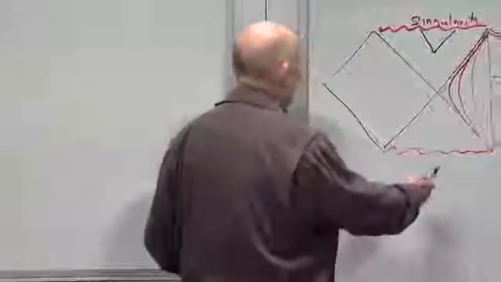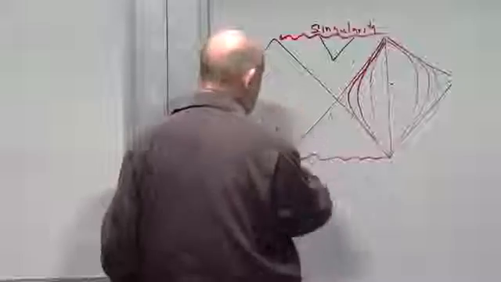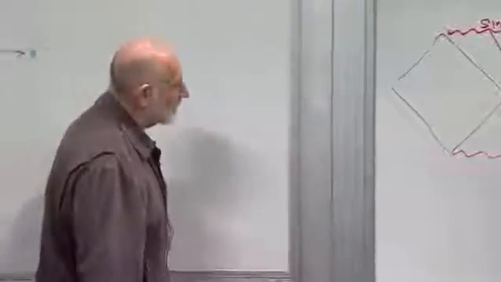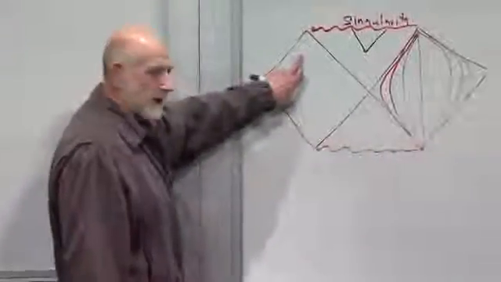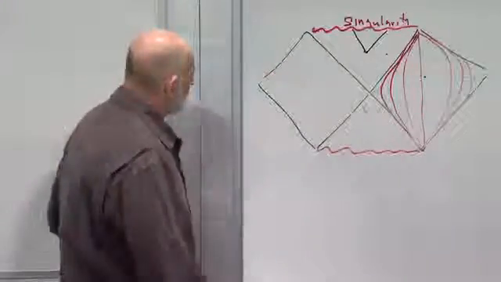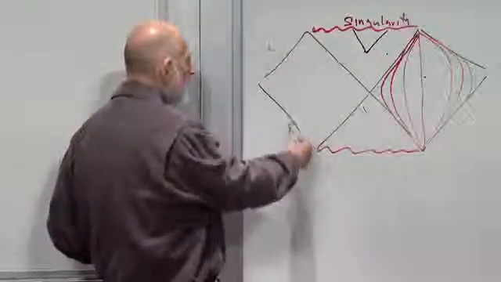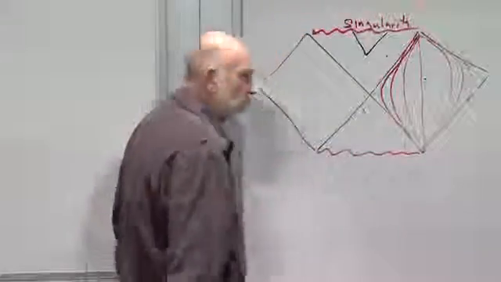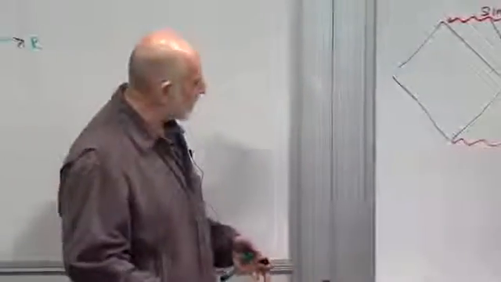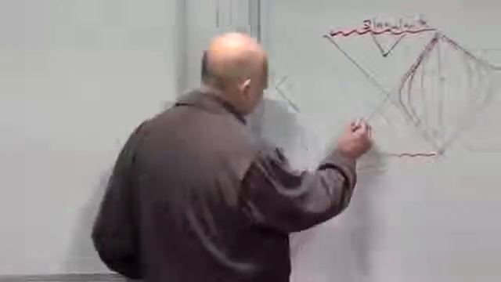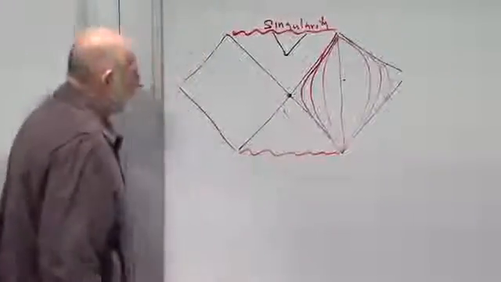diagram. It seems to have two exterior regions, a second exterior region over here, where you can escape outward in this direction, or you can fall in from this side. It seems to have two exterior regions connected together at the horizon. That's the horizon.